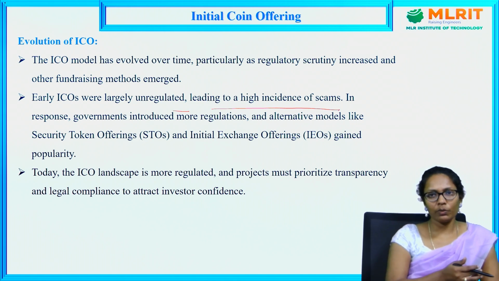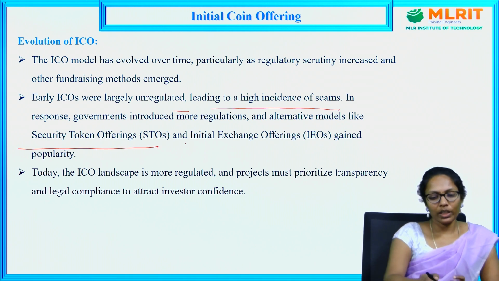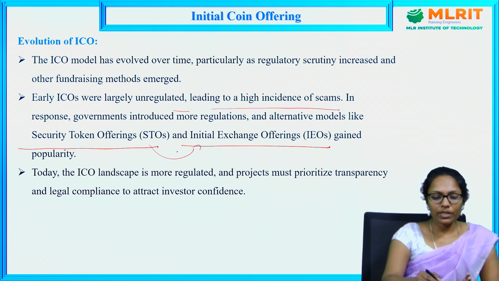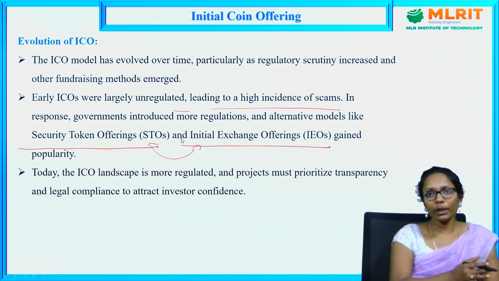Instead of ICOs, as we discussed, different fundraising methods like security token offerings or initial exchange offerings have gained more popularity than ICOs. Why? Because these two mechanisms have rules and regulations and government permissions. For that reason, these two have gained more popularity compared to the ICO.